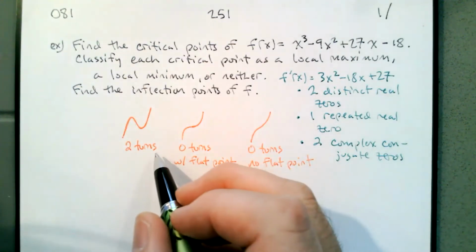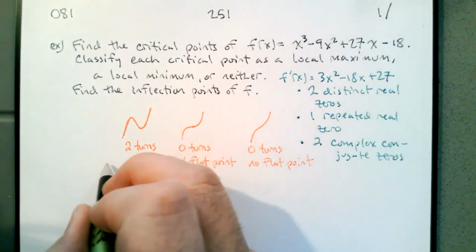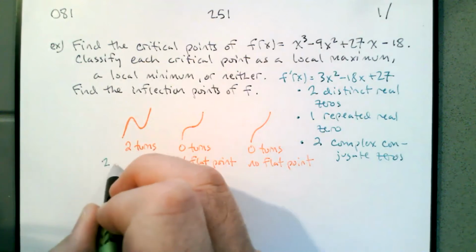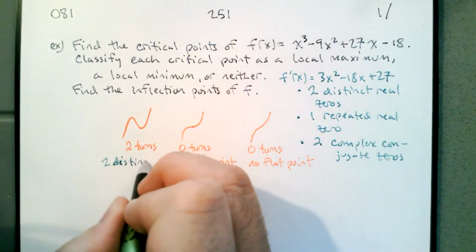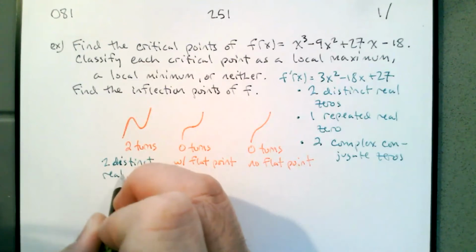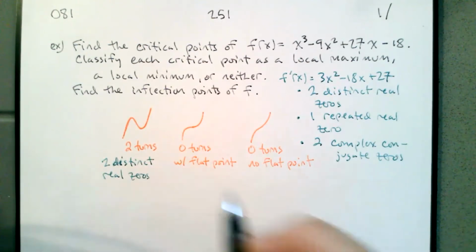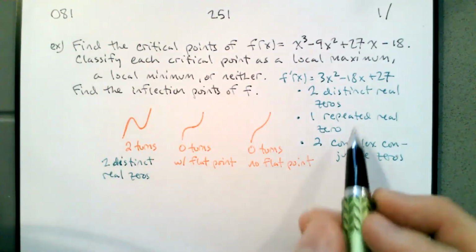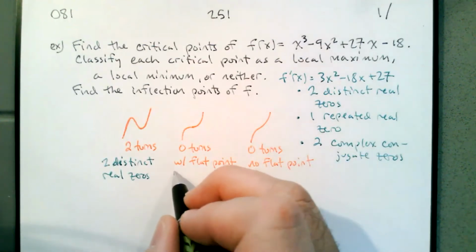We'll have 2 turns if we have 2 distinct real zeros. We'll have no turns with a flat point if there's 1 repeated real zero.